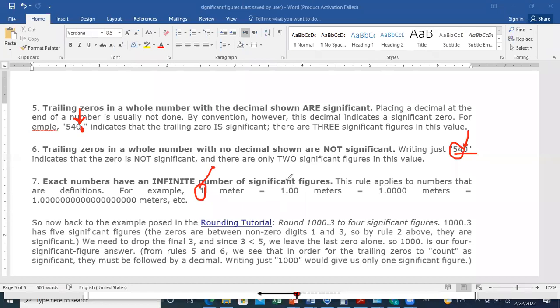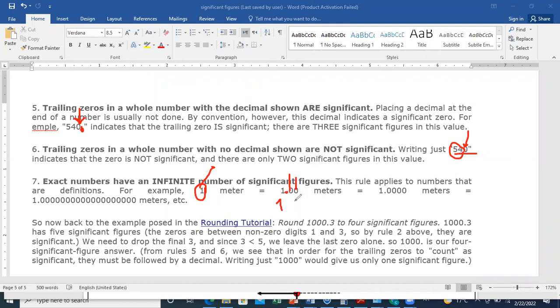Okay, if you write 1.00, we said already that all zeros after the decimal point should be counted. So if we have just 1.00 without anything else, because they are after the dot, we count this 0 and we count it as significant.